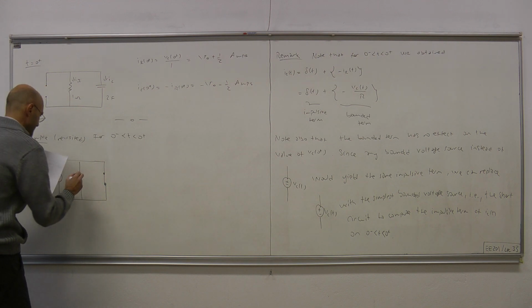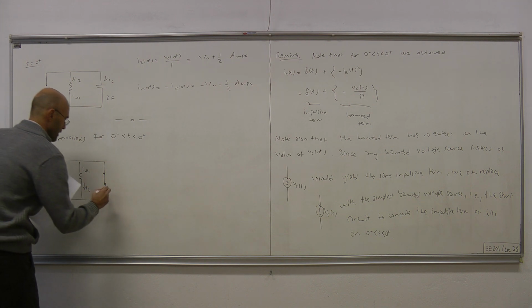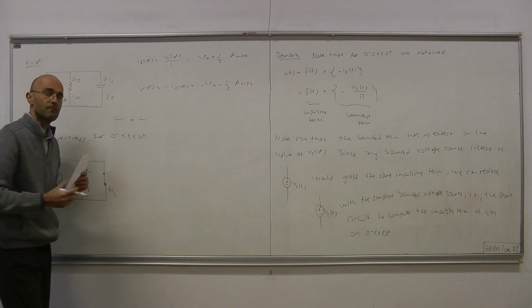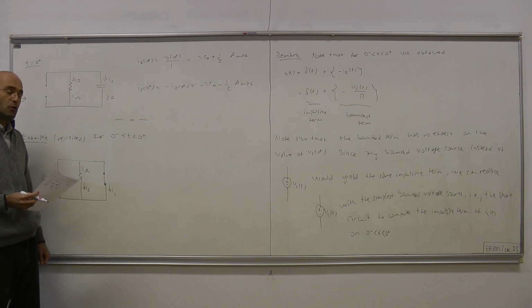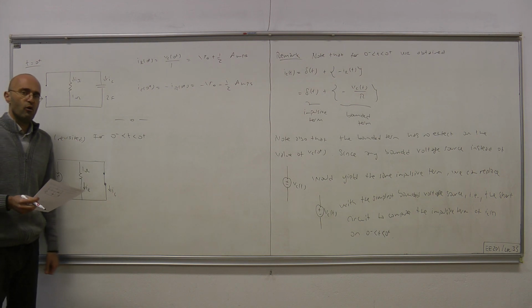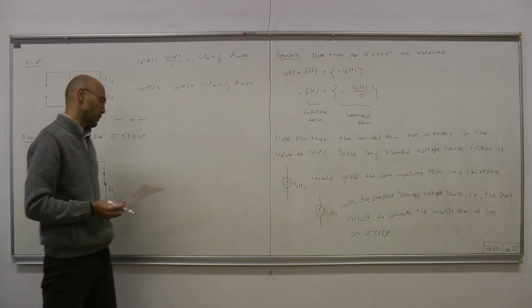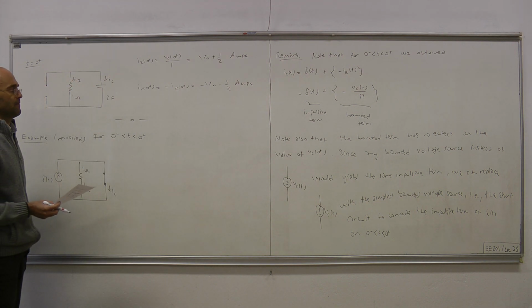This is 1 ohm, this is i_R, and this is i_C. Since this is a short circuit, and this is some non-zero resistance, all the current, clearly, will flow over the short circuit. Therefore, i_C equals delta(t).